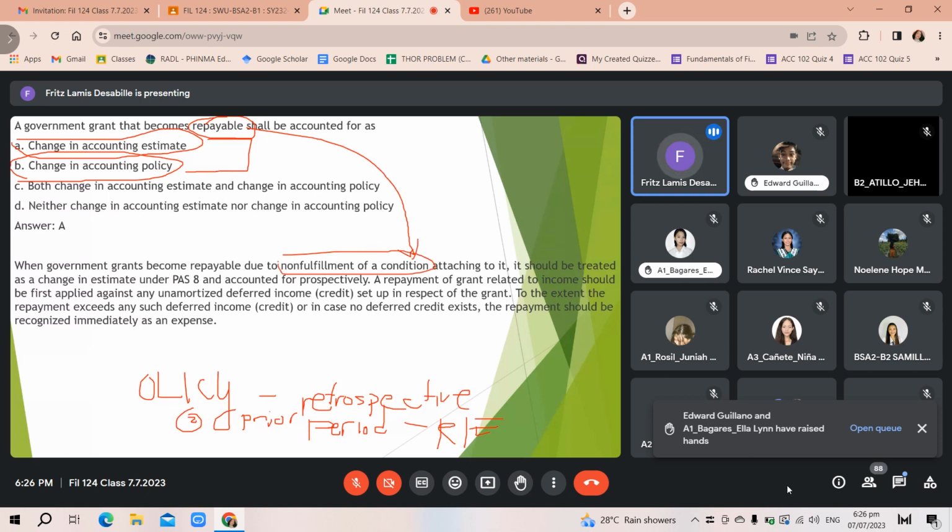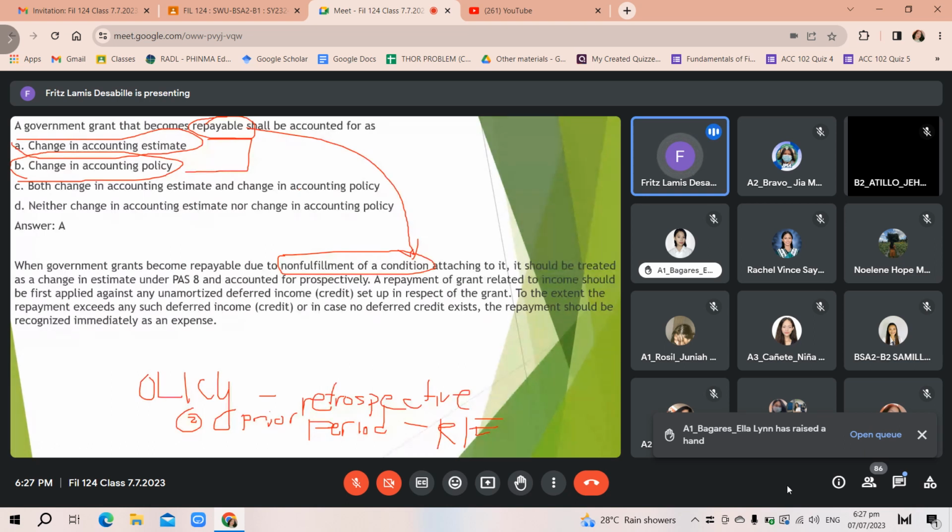Again guys, as I said last meeting, if the government gives you something, there is always a catch. And that catch is what we call the condition. If we did not fulfill our obligation or condition imposed by the government, they will be taking the grant back. So if you did not fulfill it, there is what we call a repayment of grant.